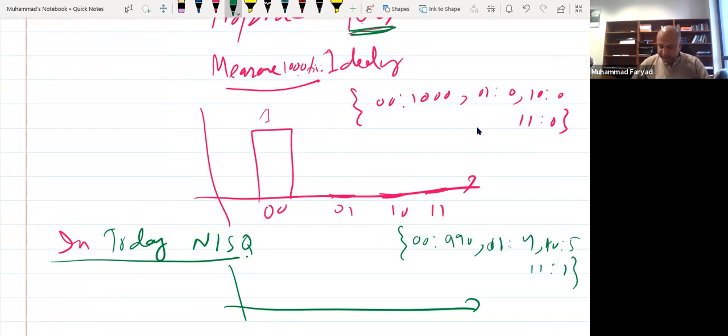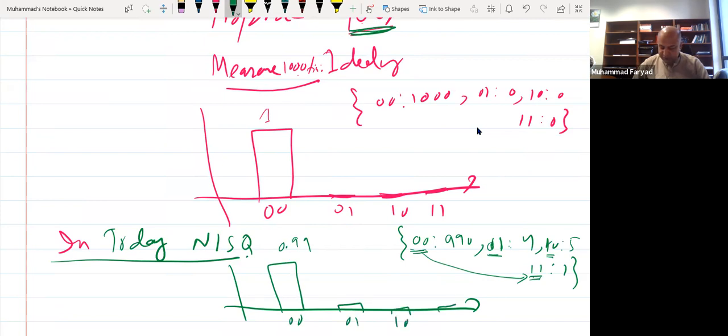Usually a state that is only 1 bit away from the actual state is more likely than a state which can be obtained by more errors. For example, to go from 0,0 to 1,1, the state has to flip both bits, which is less likely than 0,1 and 1,0. So when we do measurement, this is what we observe. In reality, we get 0,0 with a smaller probability, let's say 0.99, and 0,1, 1,0 and 1,1 each with some probability.